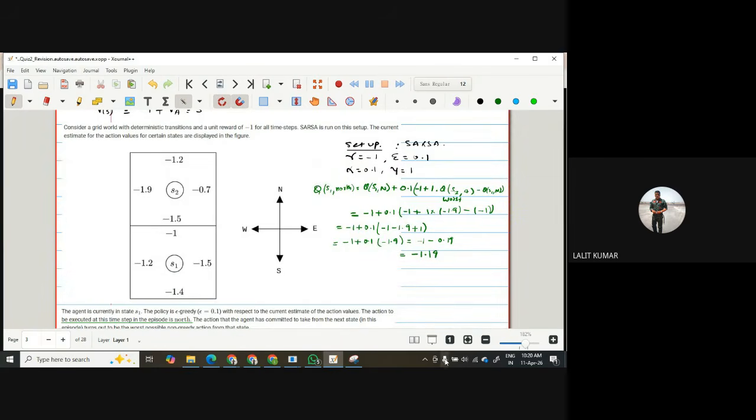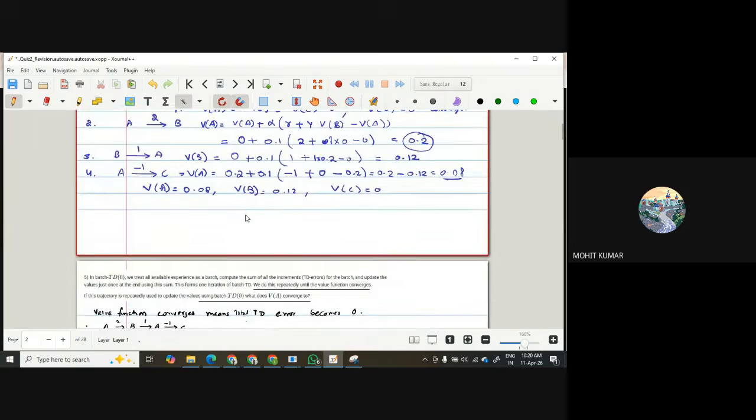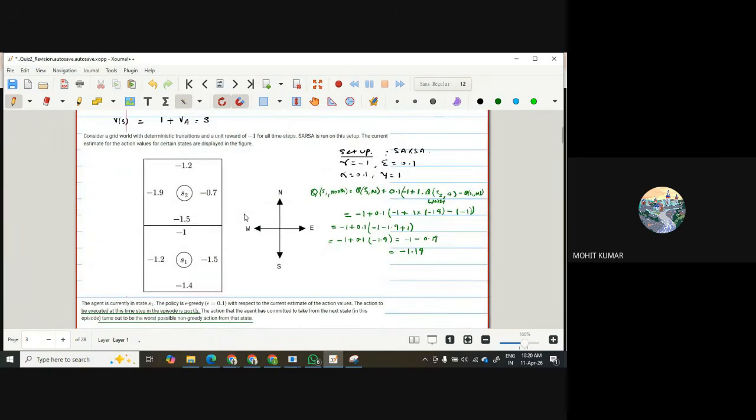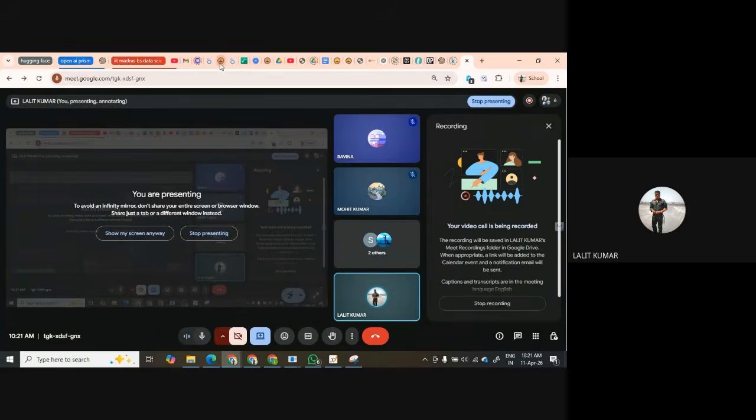Yes, Shubham. Why are we taking the worst action for S2? In this question, sir, it's given in the question, about north, south. Yes, so we will just go through the question. Okay, don't worry. What we can do, we can open our course site also. Where is the course site?